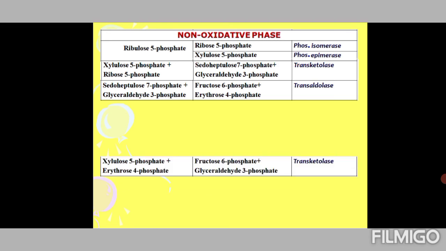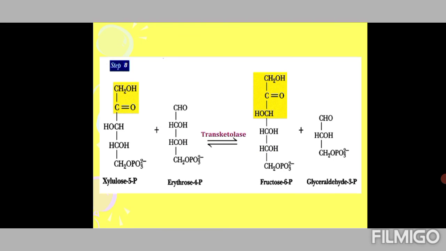And what is the reaction? Xylulose 5-phosphate, a block of 2 carbons is taken from here and placed over here so as to become fructose 6-phosphate. And the remaining molecule is glyceraldehyde 3-phosphate. The enzyme involved is a transferase class of enzyme, transketolase.